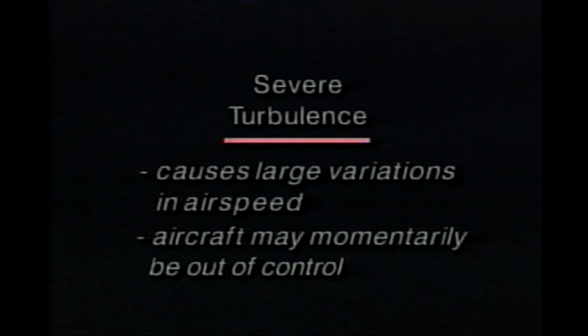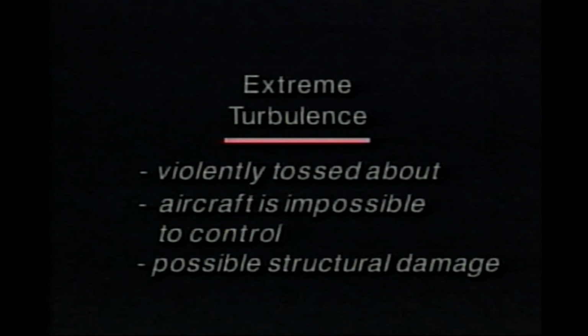Severe turbulence causes large variations in airspeed, and the aircraft may momentarily be out of control. In extreme turbulence, you're violently tossed about, and the aircraft is impossible to control. There also may be possible structural damage.